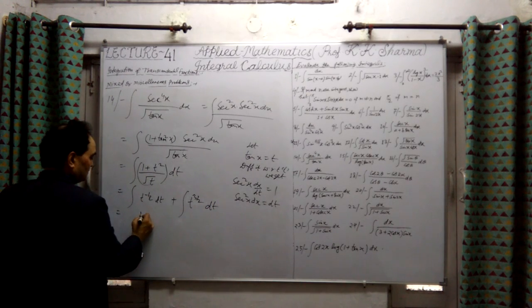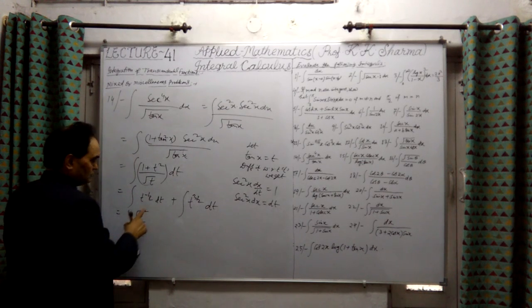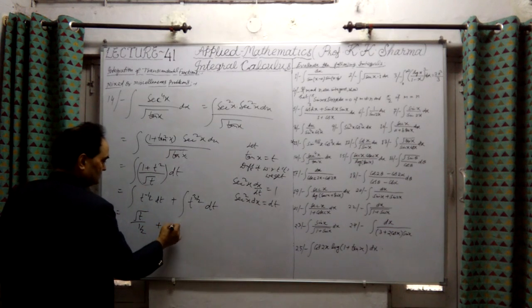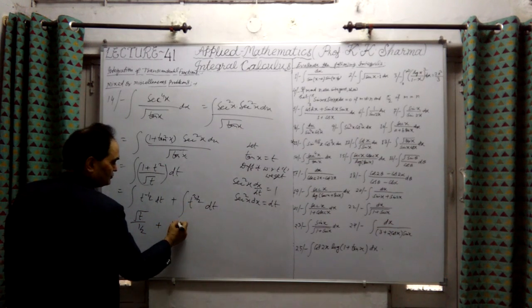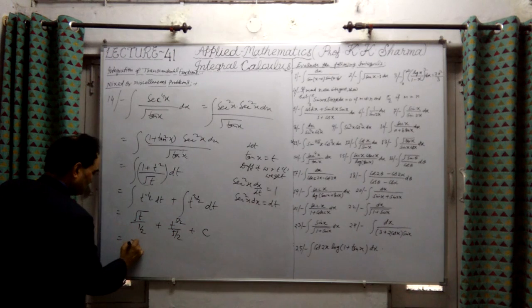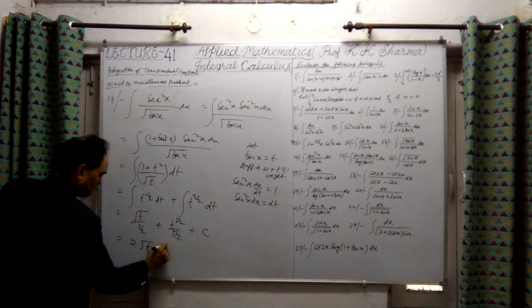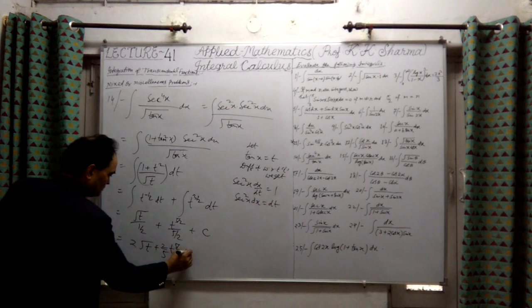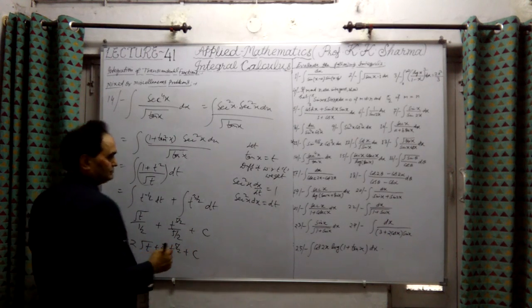This is t raised to power minus half plus 1, that means plus half, upon half, plus t raised to power 5 by 2 upon 5 by 2, plus constant of integration. This is 2 under root t plus 2 upon 5 t raised to power 5 by 2 plus constant of integration.